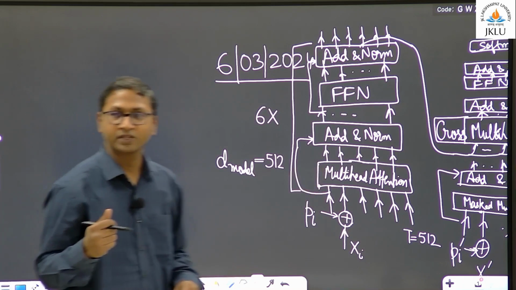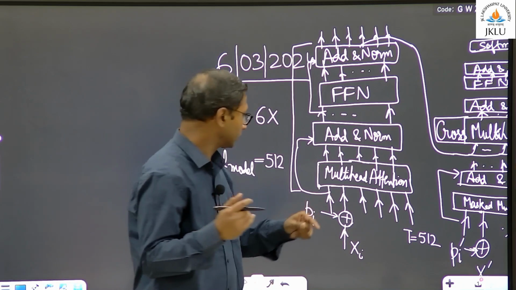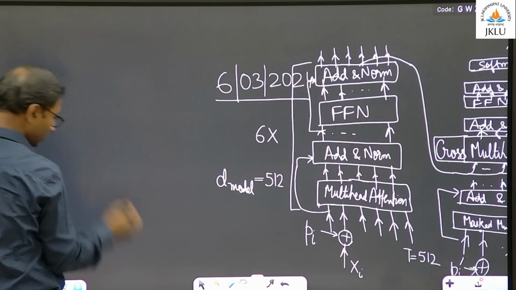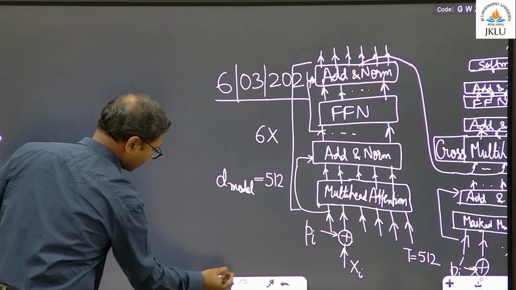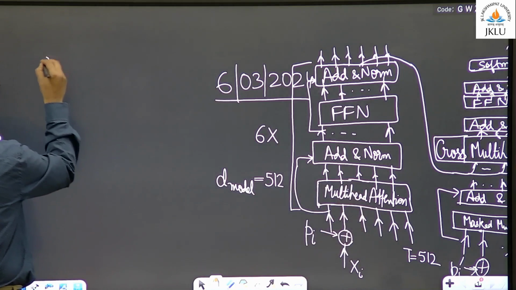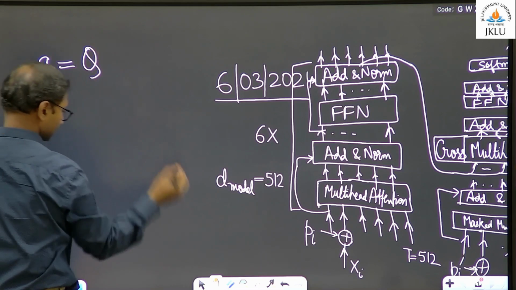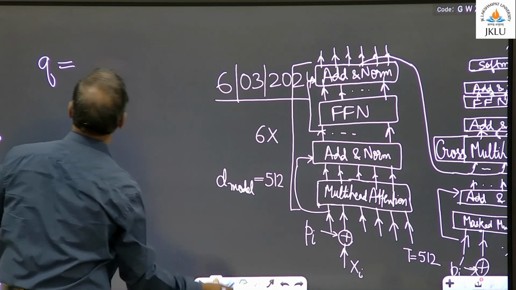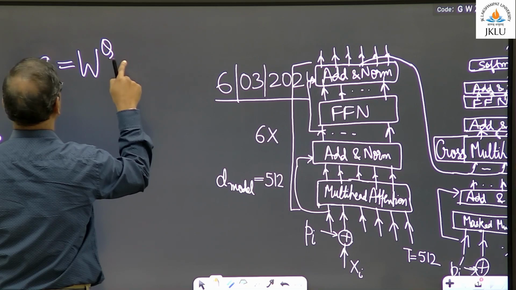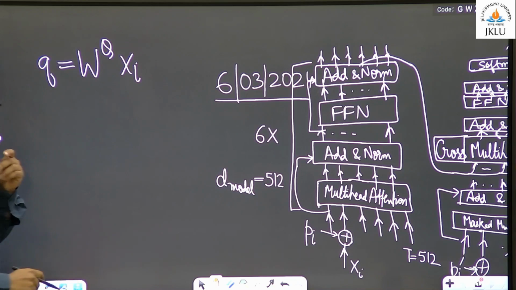QKV, what were the dimensions of QKV? In order to compute Q, you were doing W_Q times X_i, right.